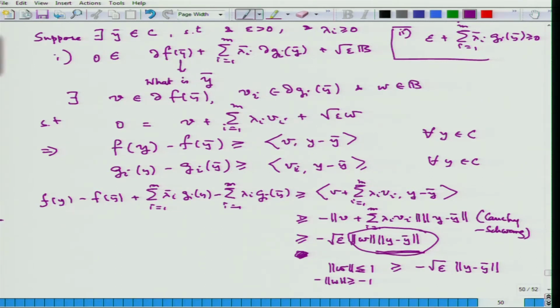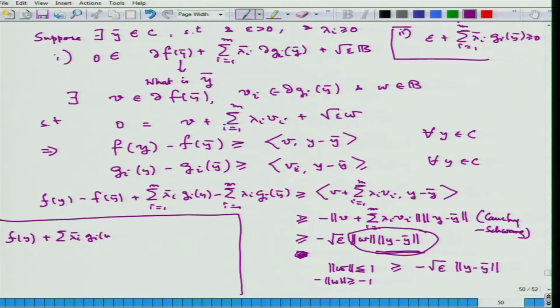So, what I can have from here is as follows, that f y plus summation lambda I bar g I y is greater than equal to f y bar plus summation lambda I g I y bar, lambda I bar g I y bar plus root epsilon norm y minus y bar minus root epsilon norm y minus y bar.